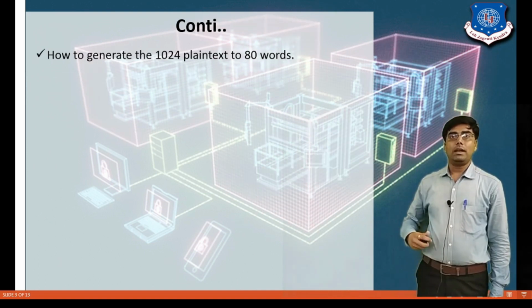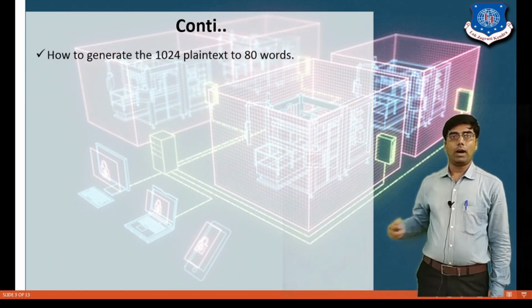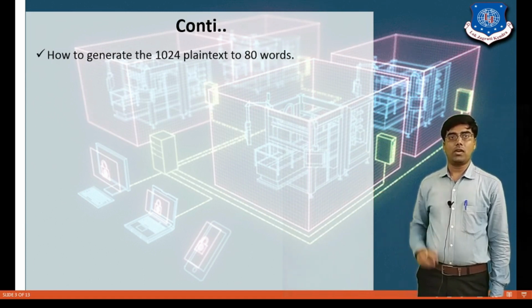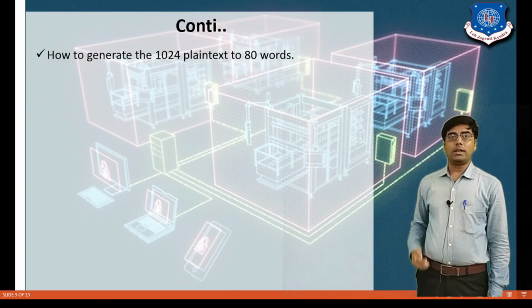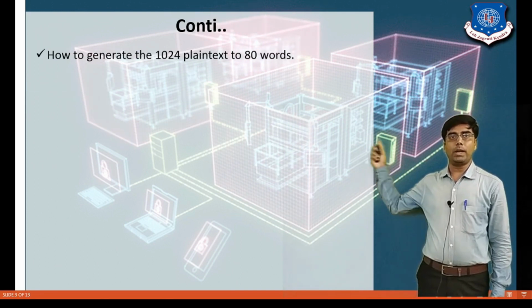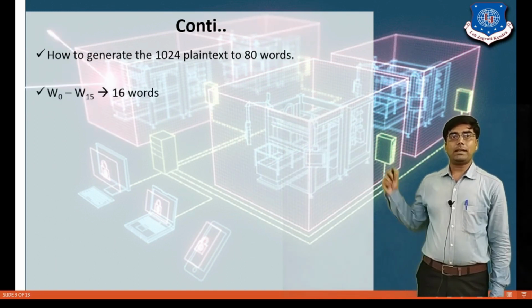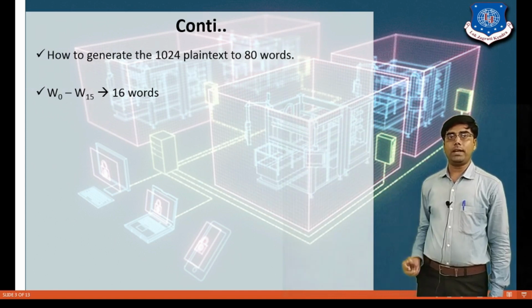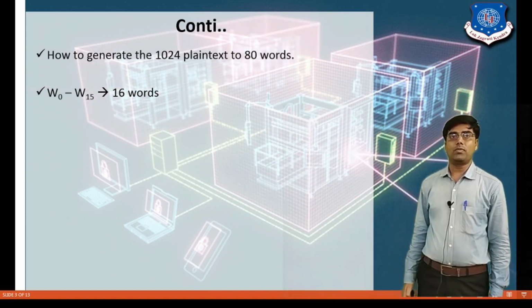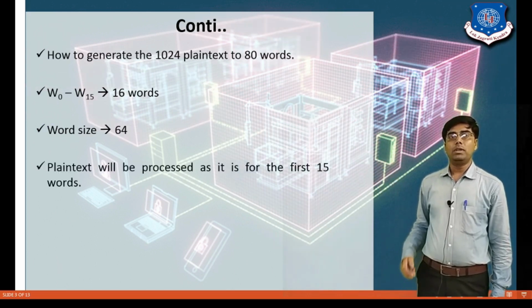In today's session, let's have a look at how to generate the words and how to use the constants. So let's see first how to generate the 80 words from the 1024-bit plain text. We consider W0 to W15, which represent 16 words, and the size of each word is 64 bits.